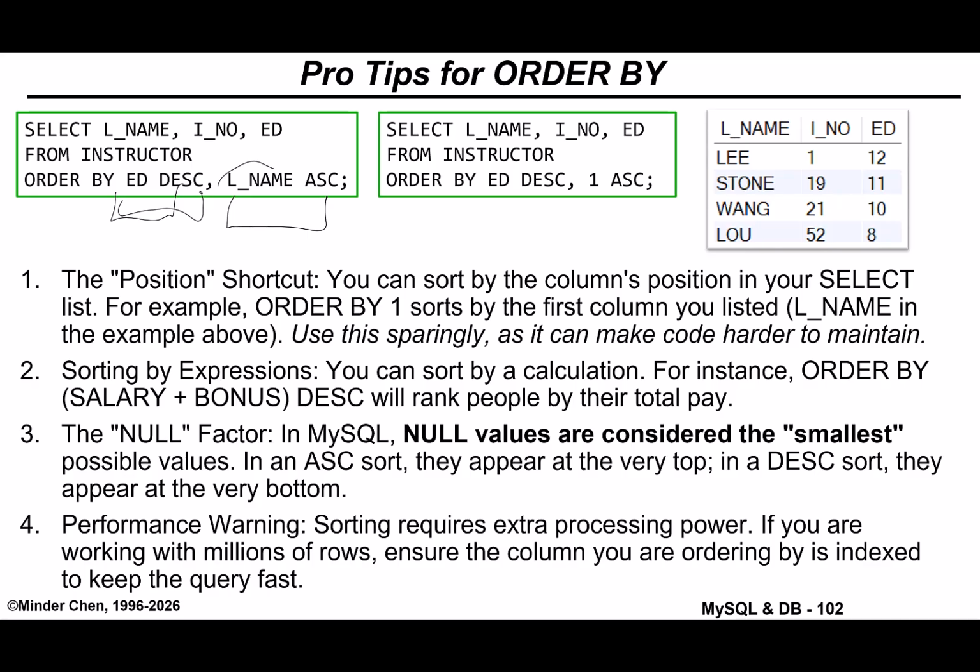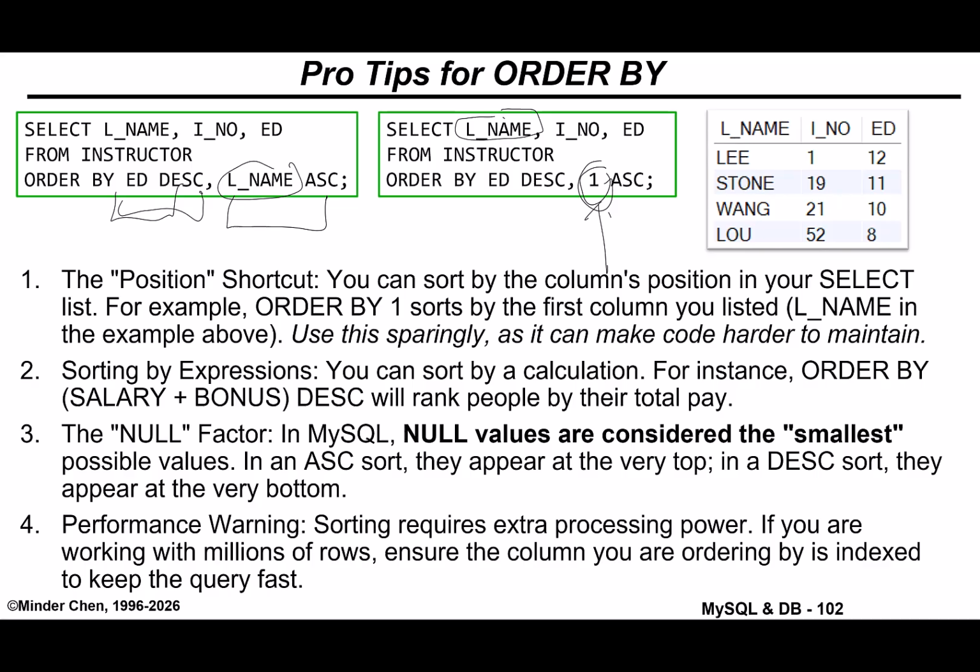The last name here, you can replace it with the column position: the first, second, and third column. Then you can use the column position in the order by, which is not recommended.